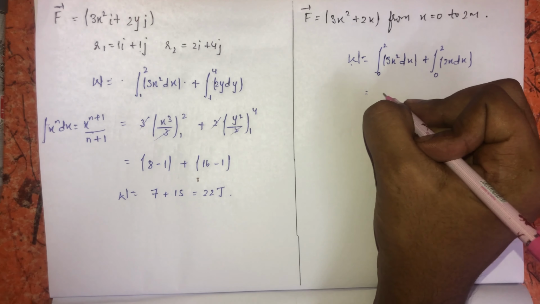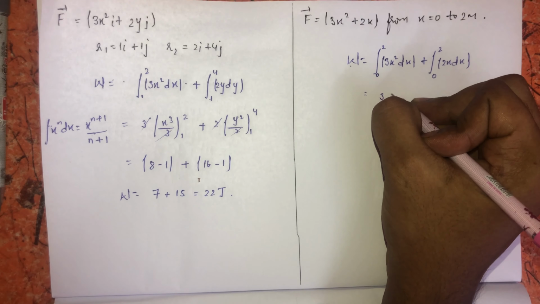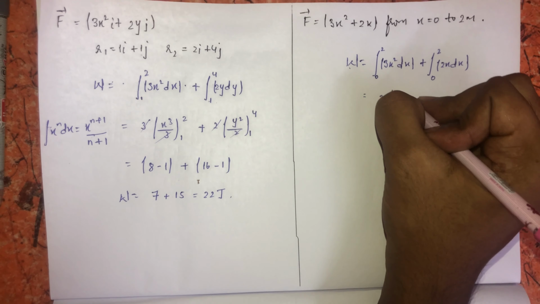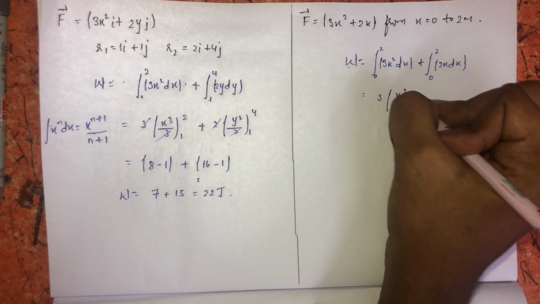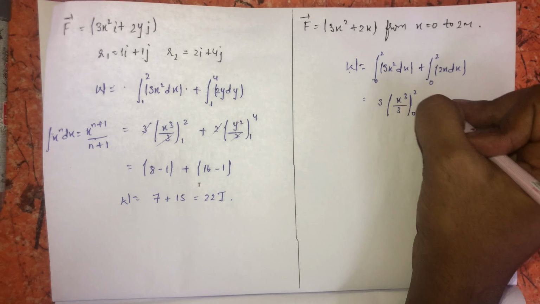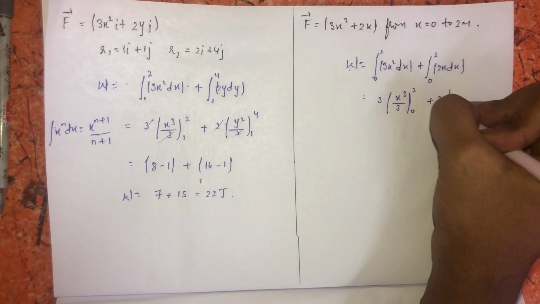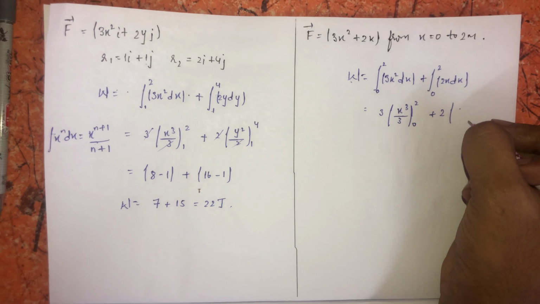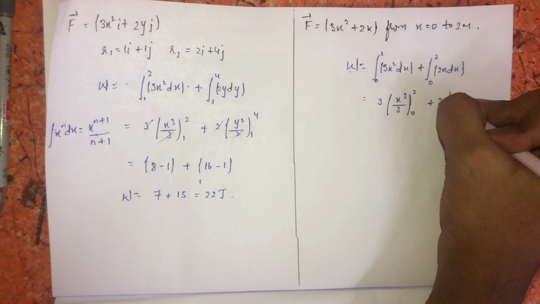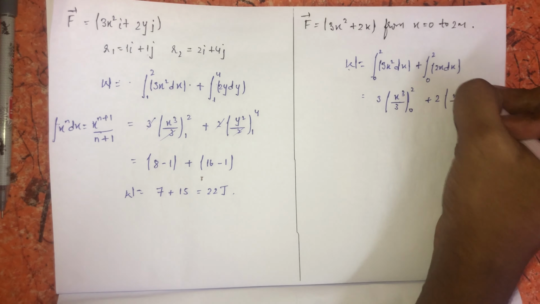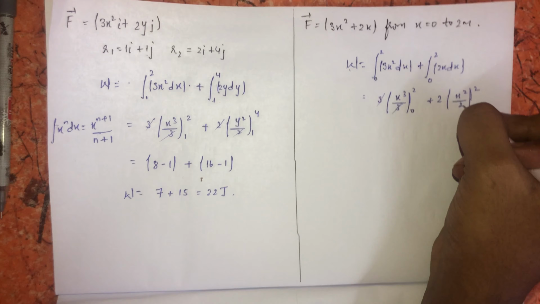Then 3 is constant, 3 is taken out. Integration of x square dx will be equal to x to the power of 3 by 3, taking the coordinates from 0 to 2, plus 2 is constant, 2 is taken out. Integration of x dx will be equal to x square by 2, taking the coordinates from 0 to 2. 3 3 get cancelled, 2 2 get cancelled.